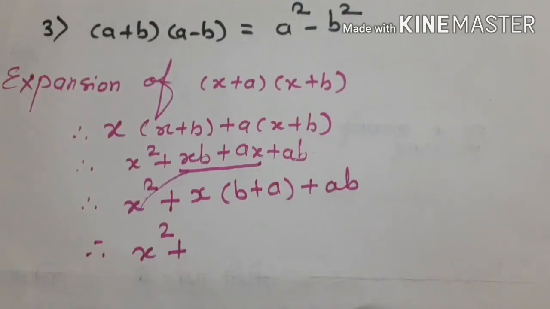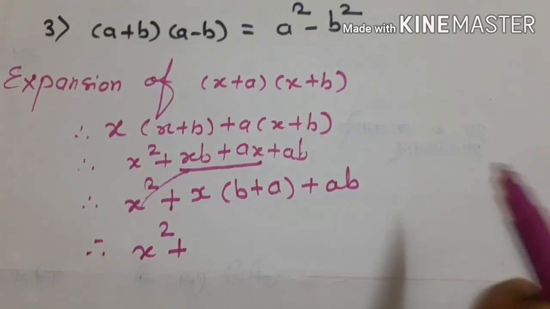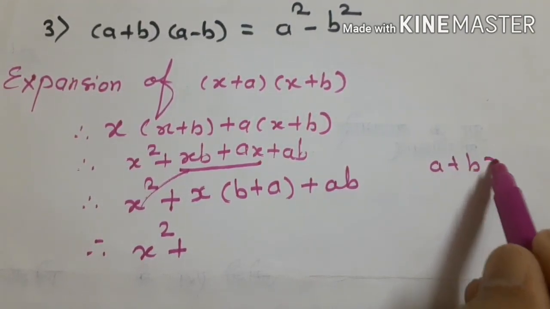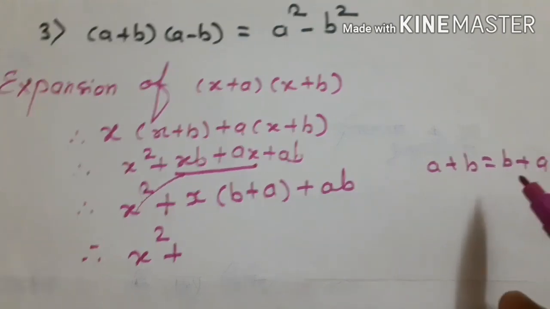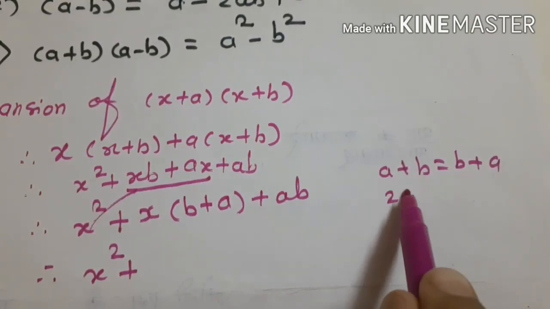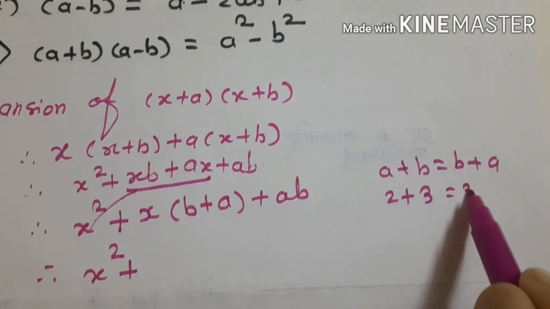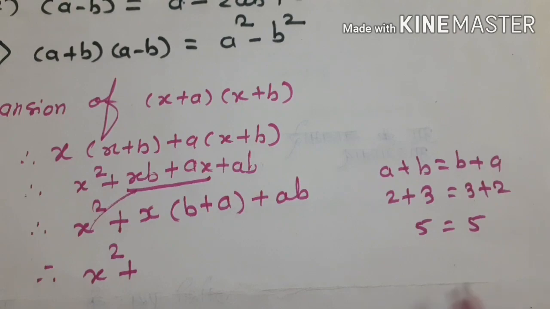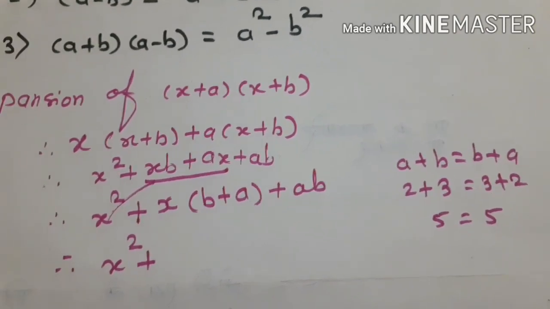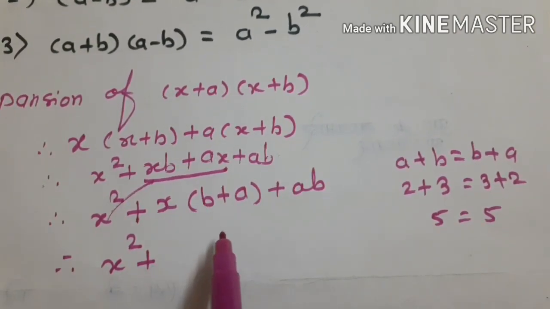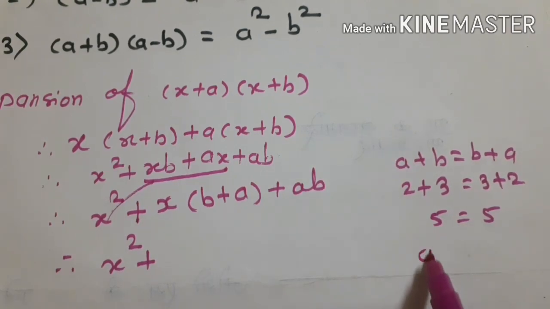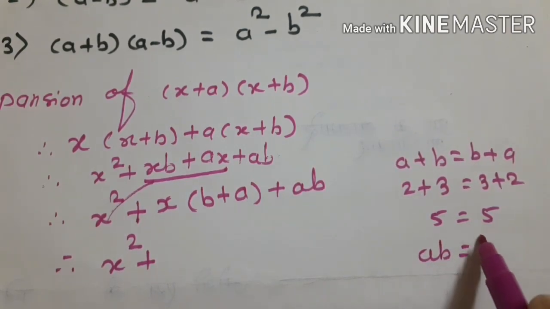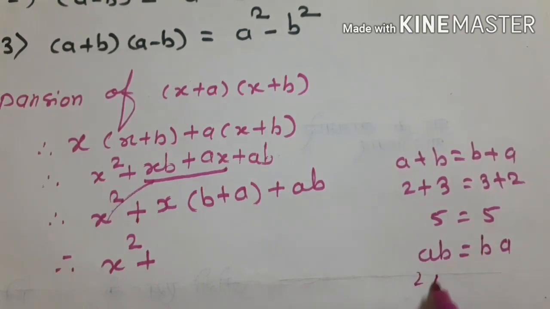We know that addition is a commutative property, meaning what? Suppose a plus b is equal to b plus a. What is the meaning of this? Suppose we get 2 plus 3 and here we write 3 plus 2. Now what is the answer here? 5, and it is also 5. This is called commutative property, doesn't it? That's why we write here. And multiplication is also a commutative property. We write a into b means b into a. 2 3s are 6 and 3 2s are also 6. 6 is equal to 6.